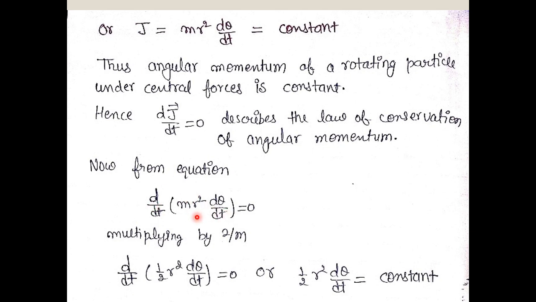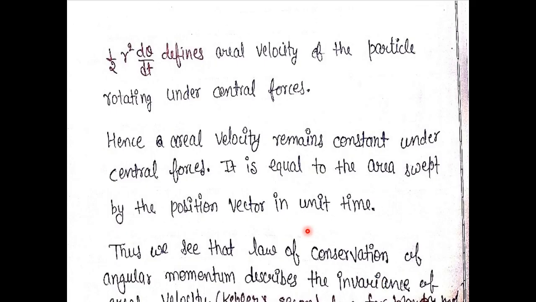Multiplying this equation by 2/m, m will be cancelled, so we can write d/dt of (½ r² dθ/dt) equals 0, or ½ r² dθ/dt equals constant, where ½ r² dθ/dt defines the areal velocity of the particle rotating under central force.